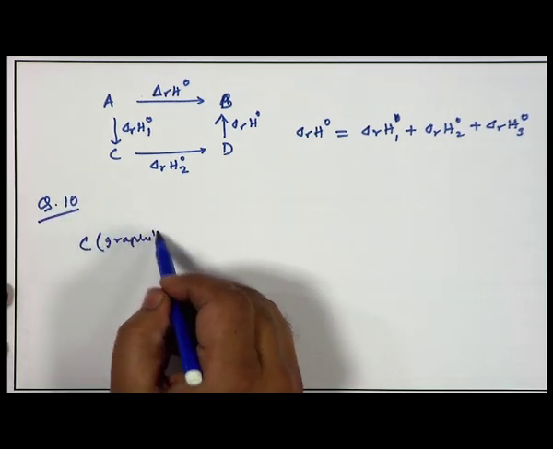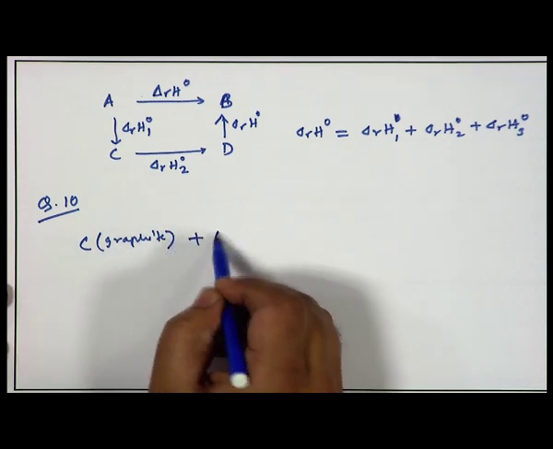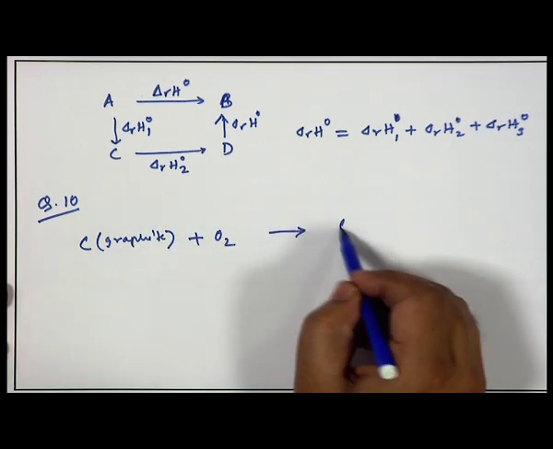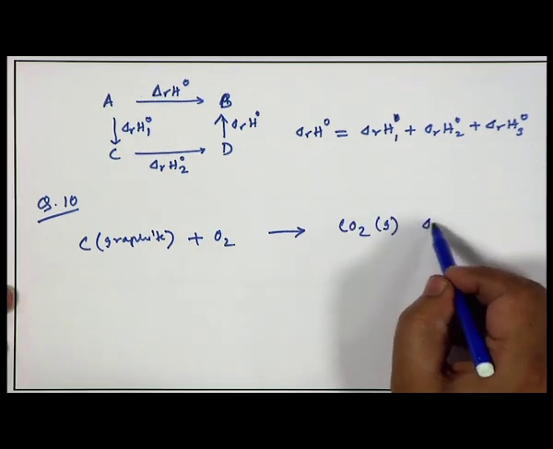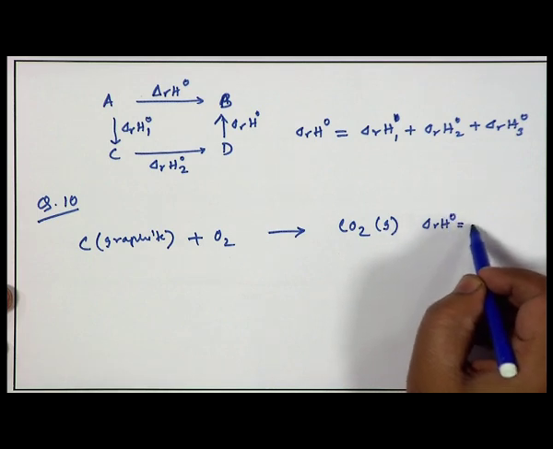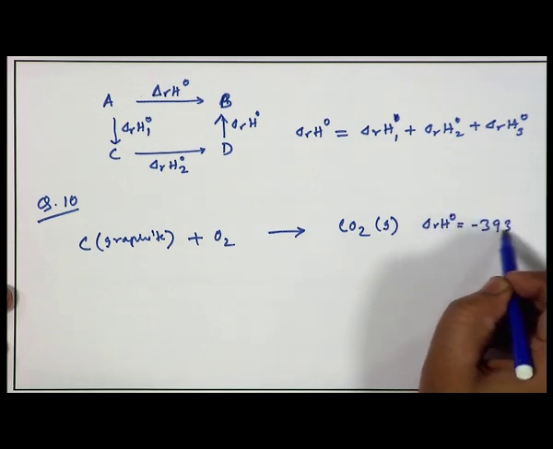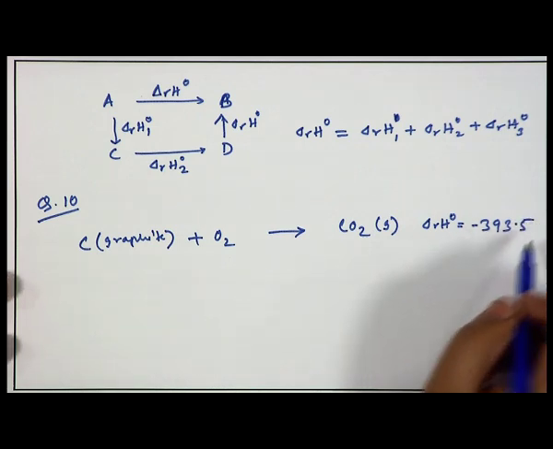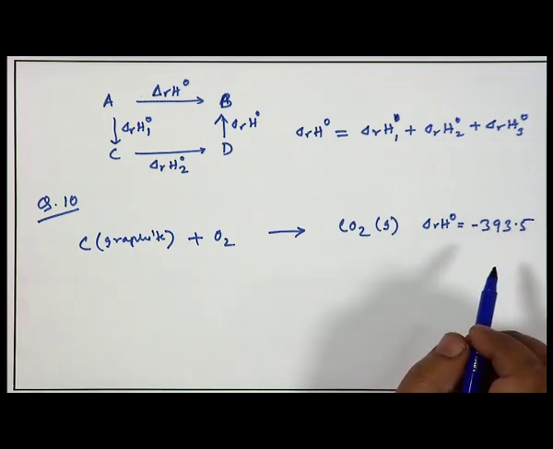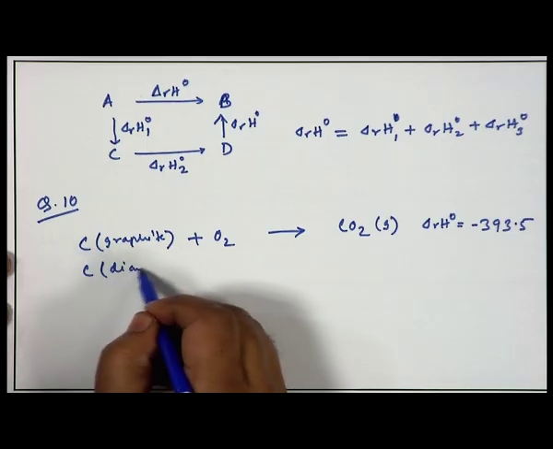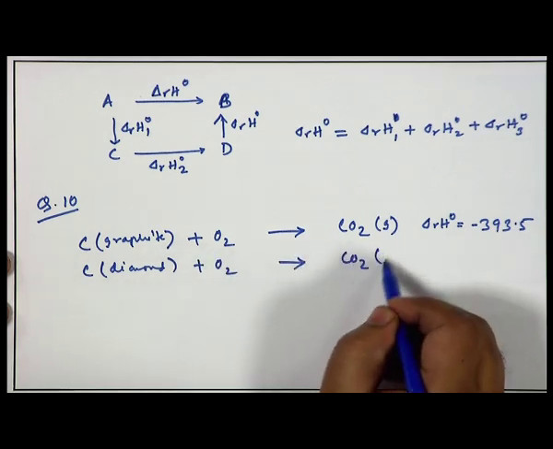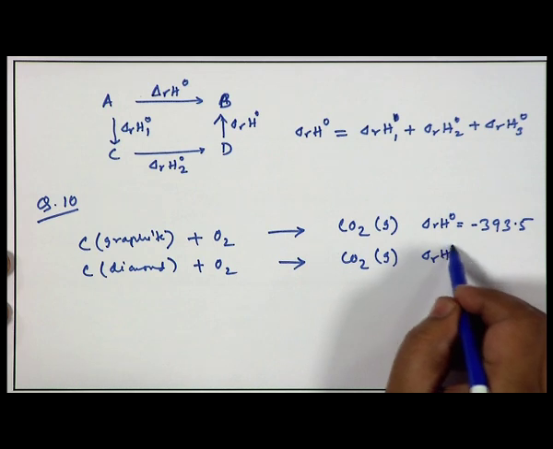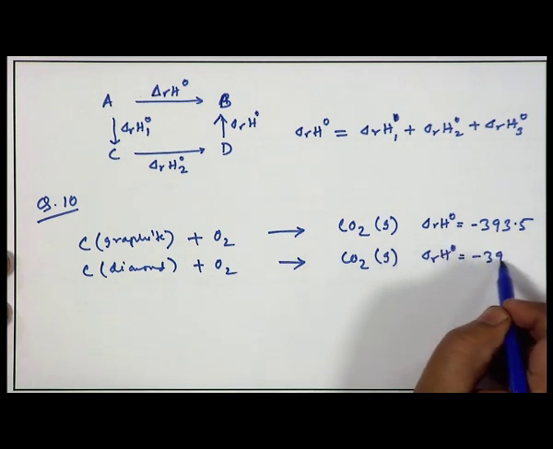So, graphite plus oxygen gives CO2 gas, the delta H 0 is minus 393.5. I am not writing the unit one more time. And that of diamond is 395. So, C diamond, this is the combustion reaction, delta H 0 is minus 395.4.